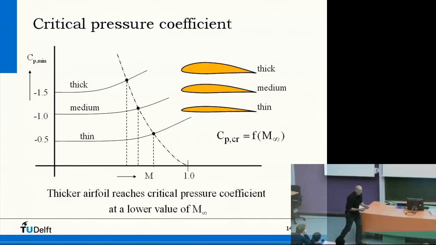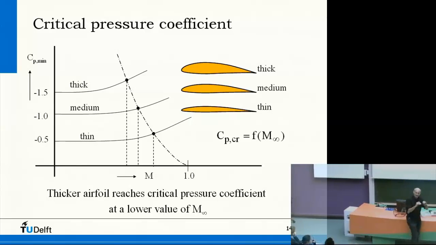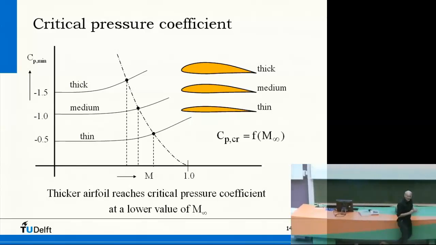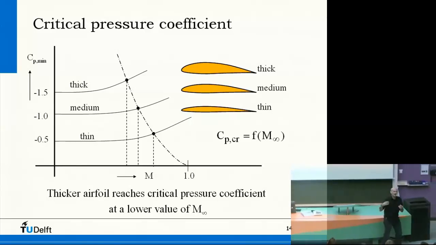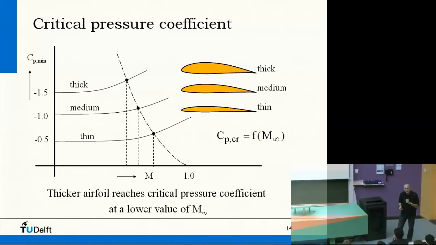Well, and then, of course, it all depends on the form of the airfoil. If we have a very thin airfoil, then the super velocities at the upper surface are not so high. If we have a very thick airfoil, then these velocities are much higher. That also gives you a clue about how they would behave if the Mach number goes up.